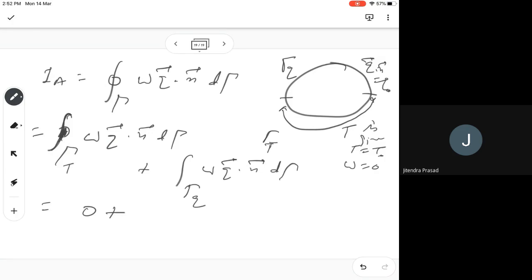So here the value will be W Q bar, or equal to Q naught is given, W Q naught is given here already. So finally this will be equal to the integral over gamma Q of W Q naught d gamma.